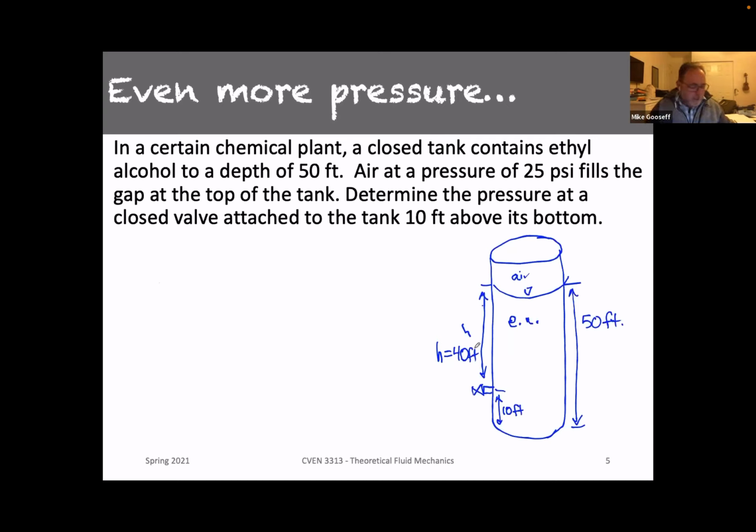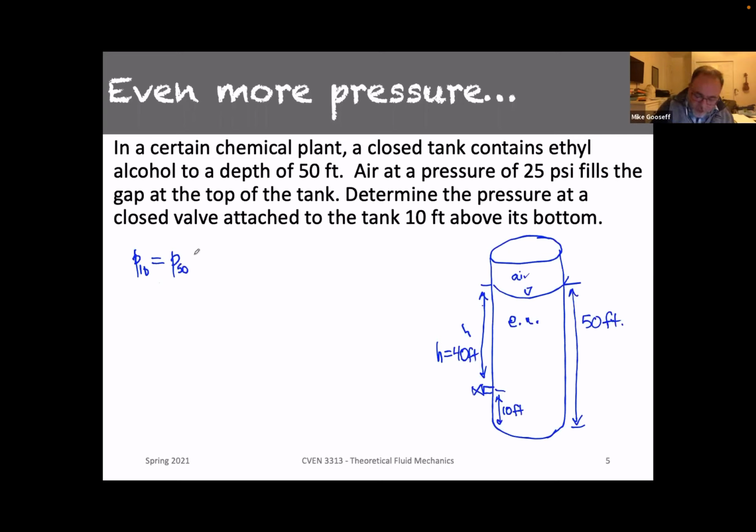Okay, so now, whereas with the previous questions, you guys have asked a good question about, well, what about the atmospheric pressure? In this case, it's not quite an atmospheric pressure, but it's a pressure at the top, right? So the pressure at 10 feet is going to be equal to whatever pressure, in this case, it's pressurized. So we have some pressure at, I'm going to put at 50 feet in elevation, okay?